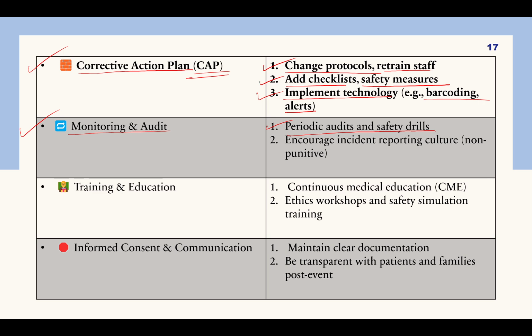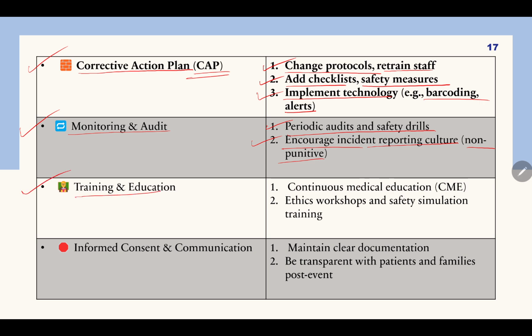You have to present it. So audits are general body meetings that encourage an incident reporting culture. So non-punitive, that is, any incident that is happening, you have to report it as soon as possible.